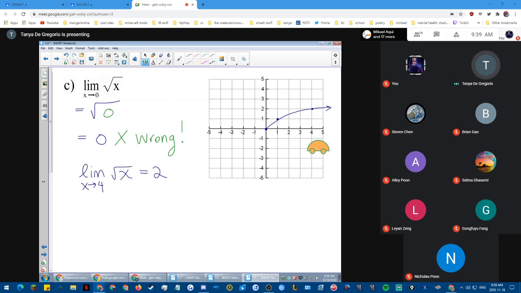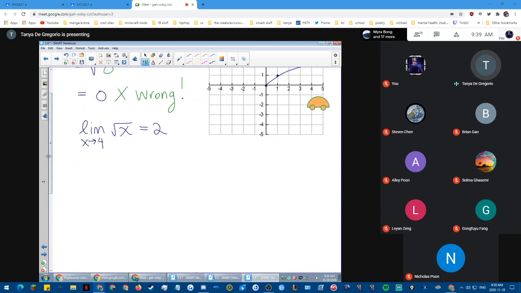To prove it, it's as simple as taking a right hand and a left hand limit. Exactly. So since your domain is x is greater than or equal to 0, the limit as x approaches 0 does not exist. Okay? So let's make a note of this. The limit as x approaches 0 from the left of root x does not exist.